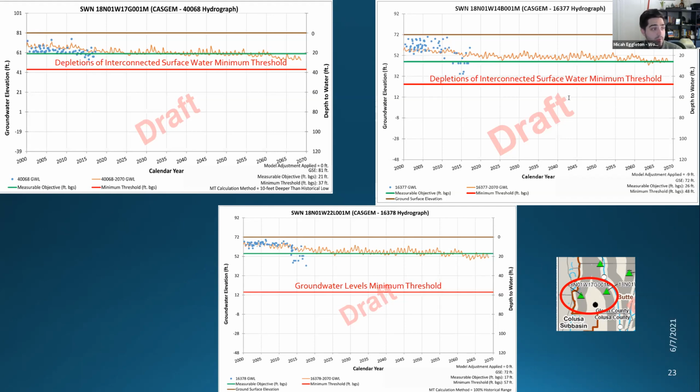So that's one way that we incorporate local conditions based on those wells. And maybe it's one of the USGS wells and not the well you own, but if that well is close enough to your ranch, it's still getting some of those conditions influencing the levels in that well.